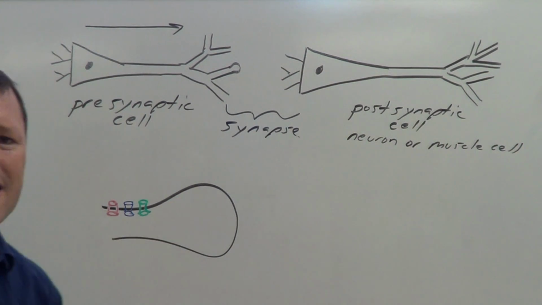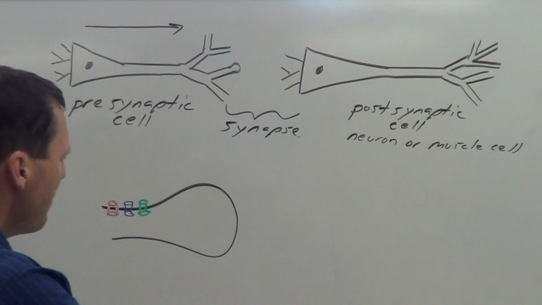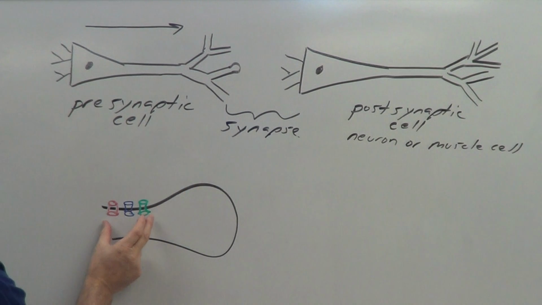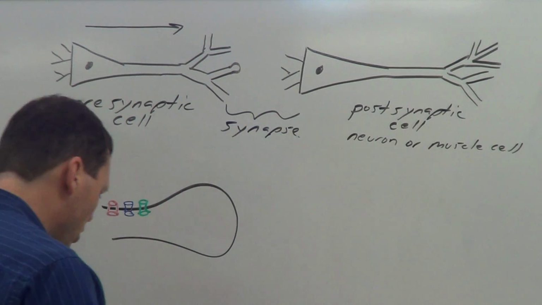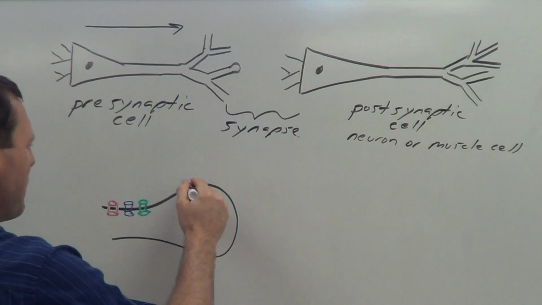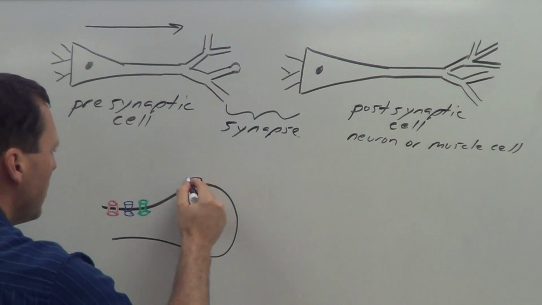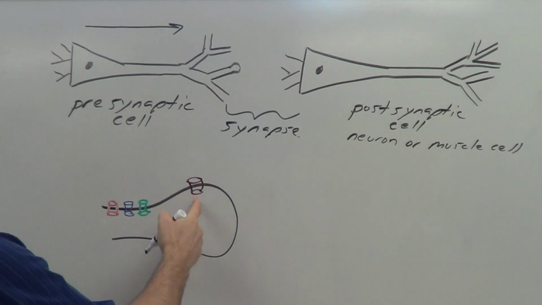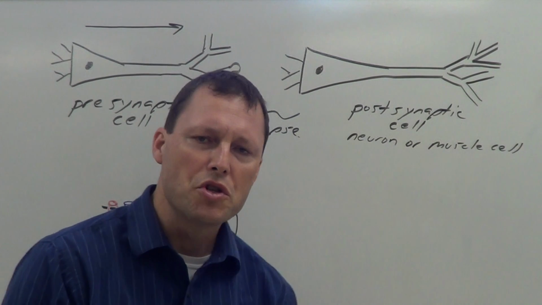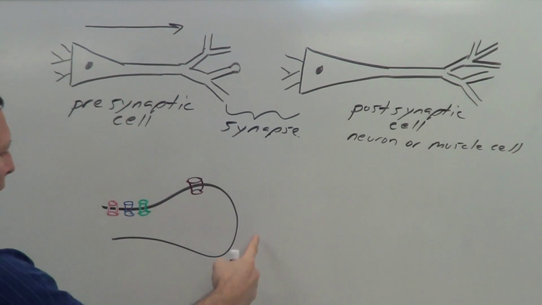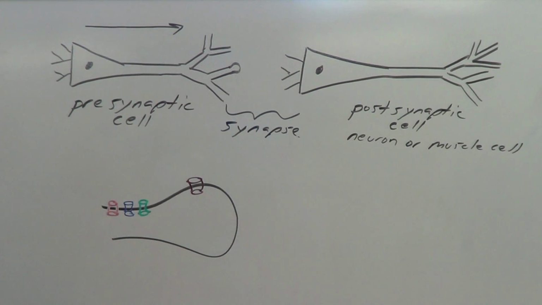Now, once we get to the end of an axon terminal, these proteins are going to change a little bit. And we're going to get a different type of protein. I'm going to draw one, but there could be tens to hundreds of these proteins all around the end of this axon terminal.